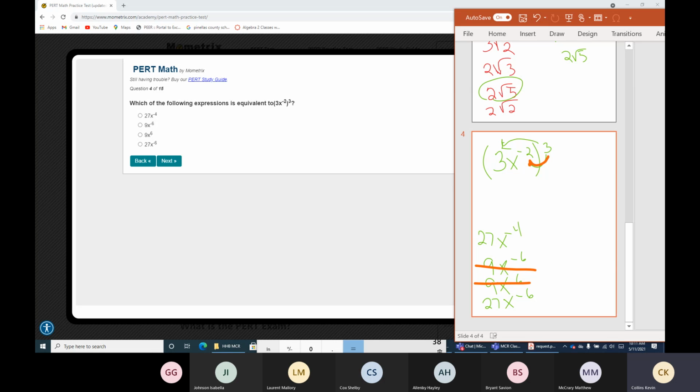So what do we do with the exponents? When you have something that has an exponent and then you raise that to a power, what happens? Yeah, we do multiply. Good.